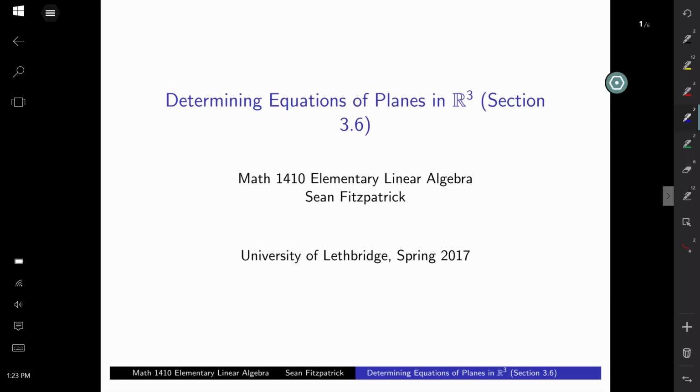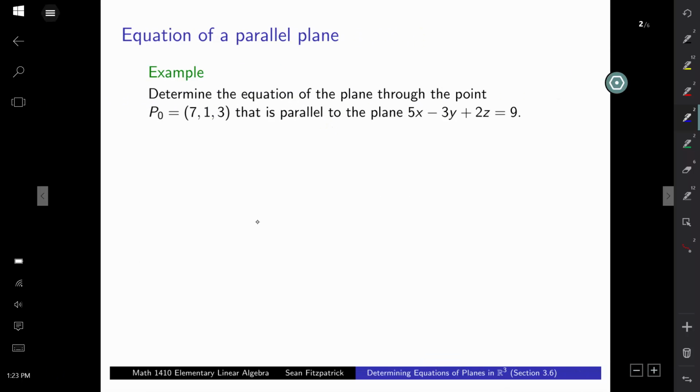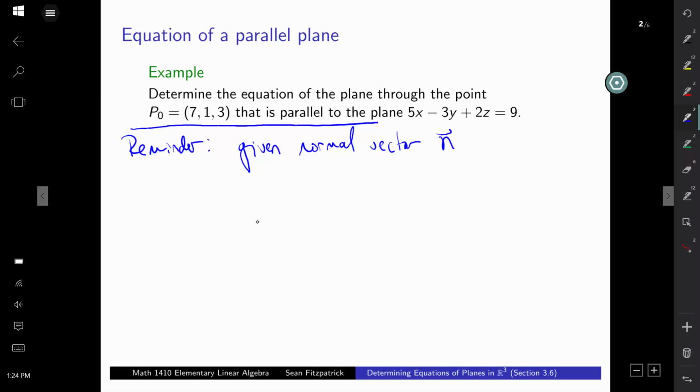Just as a reminder before we begin this example: if you're given a normal vector n equal to a, b, c, and a point, let's say x naught, y naught, z naught, then you get this equation for a plane.